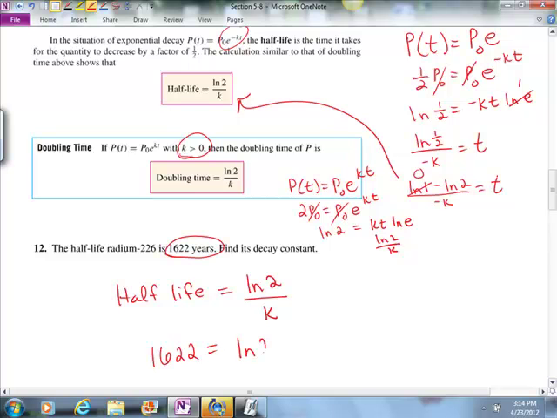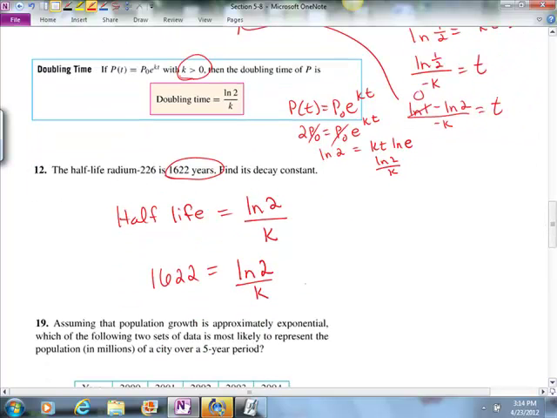And then you have ln 2 and then k. And then you can just cross multiply and divide to solve this. And you get k is equal to ln 2 divided by 1,622. That is the decay constant, which you can get a decimal approximation to if you want, or you can just leave it in that form.